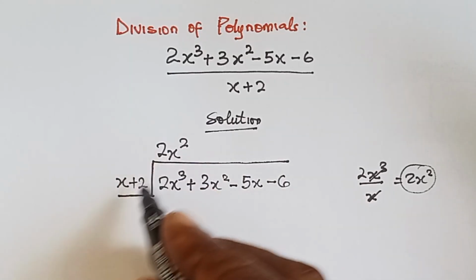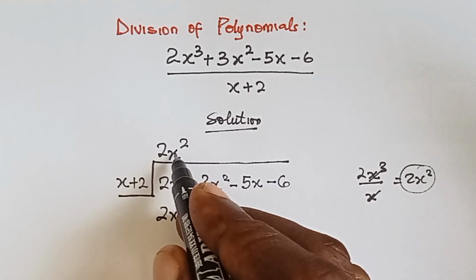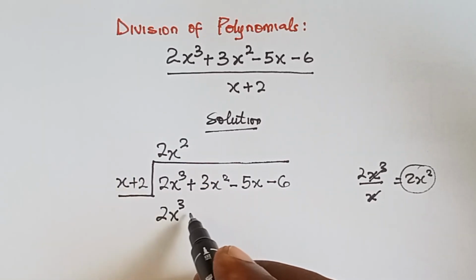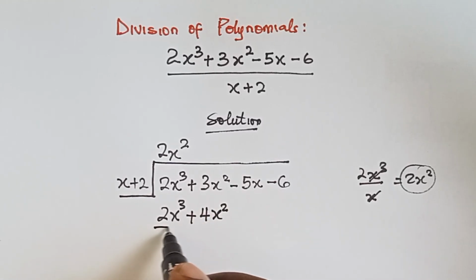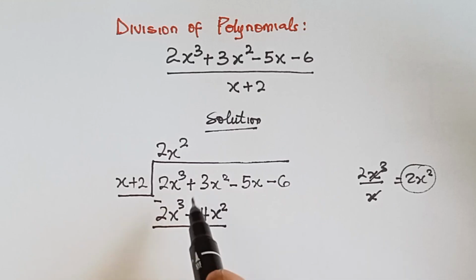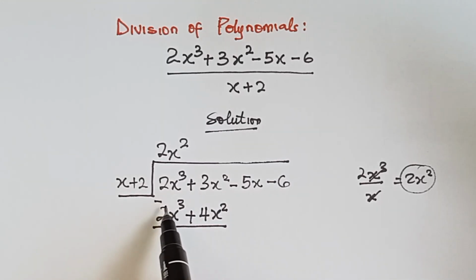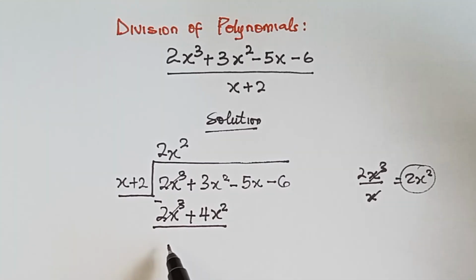All right, so 2x squared times x will give us 2x raised to the power 3. Then 2x squared times 2 will give us 4x squared. Then we're going to do subtraction. We're going to subtract this from this. All right, 2x raised to the power 3 minus 2x raised to the power 3 will give us 0. Okay, that has been cancelled out.